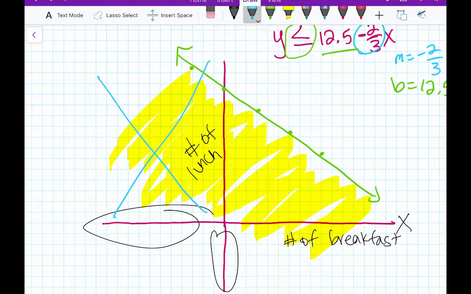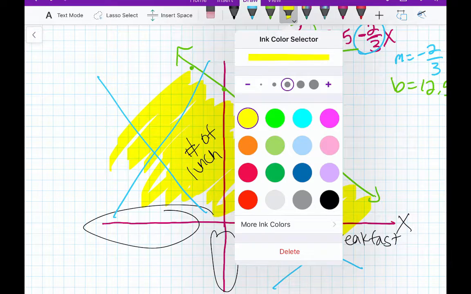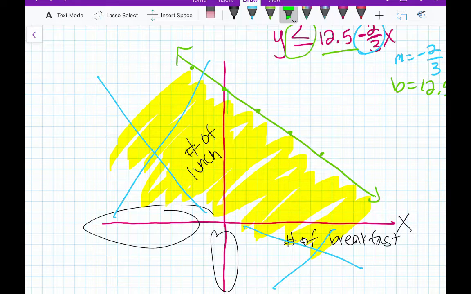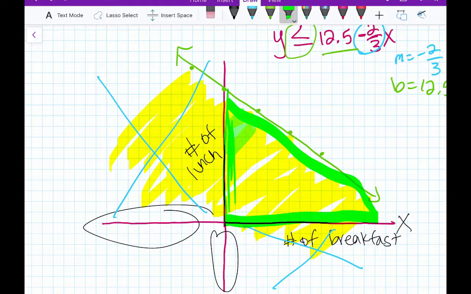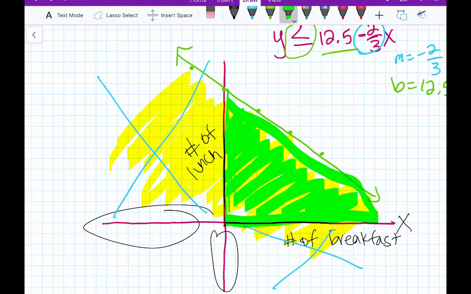These solutions are not relevant, nor would these solutions be relevant because it doesn't make sense for this real world problem. So the only solutions that I'm really concerned with are the ones in this green shaded area. All of this is what I'm concerned with because those are the positive solutions.